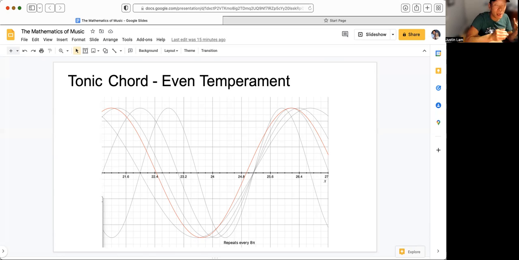And you might be able to hear it, you might not. I mean, everybody's ears are a little bit different, but from the even temperament perspective, it's a little bit off, and it can manifest itself in many instruments, like in a jam session or an orchestra.